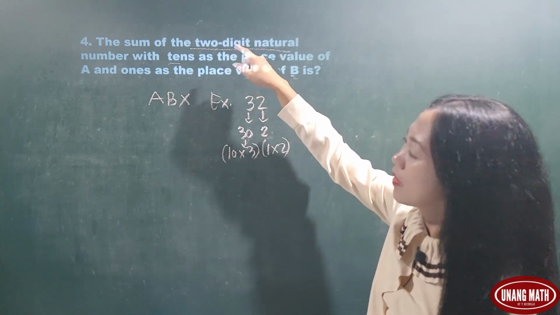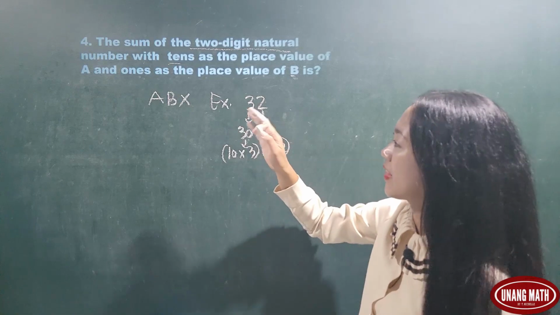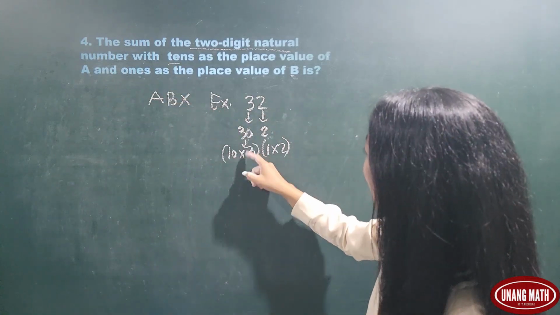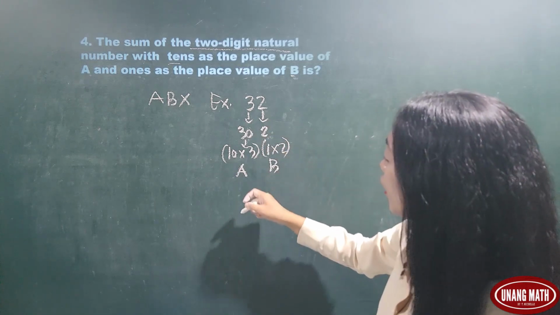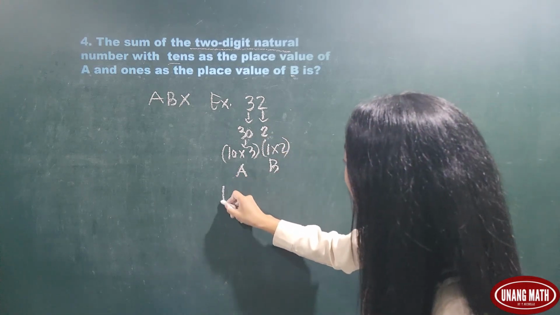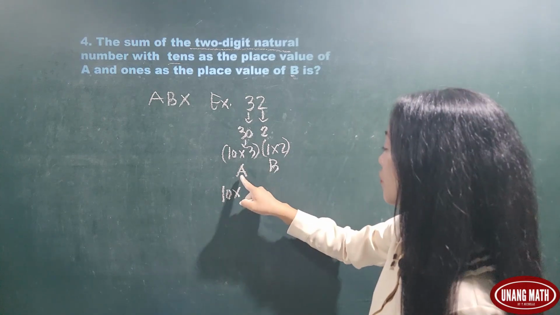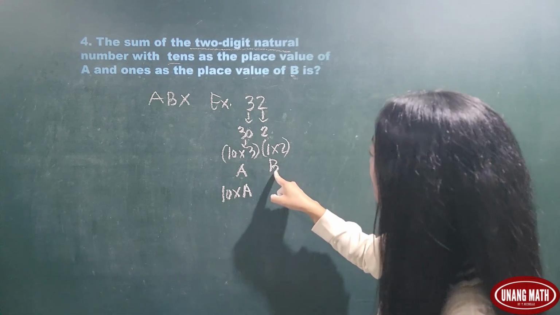But in this problem, the numbers in the ones and tens place are not given. So A is in the tens place and this is B. To get the value of A's place, it's 10 times the number. But we don't know the number, so it's represented by variable A. So this is 10 times A. How about B?